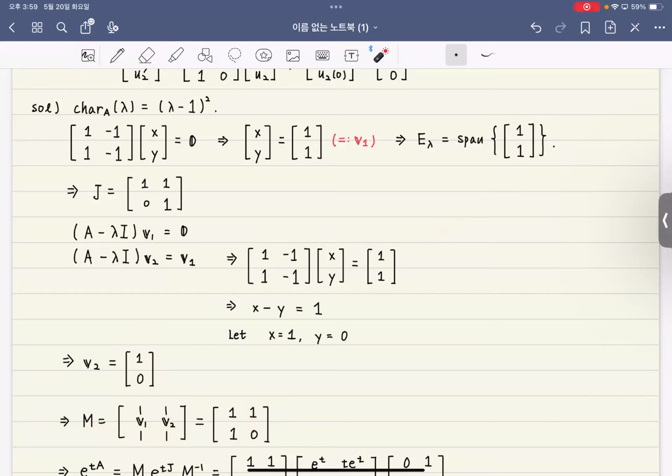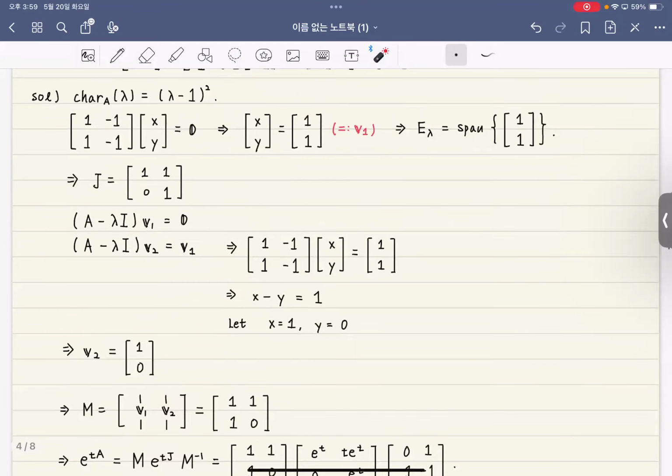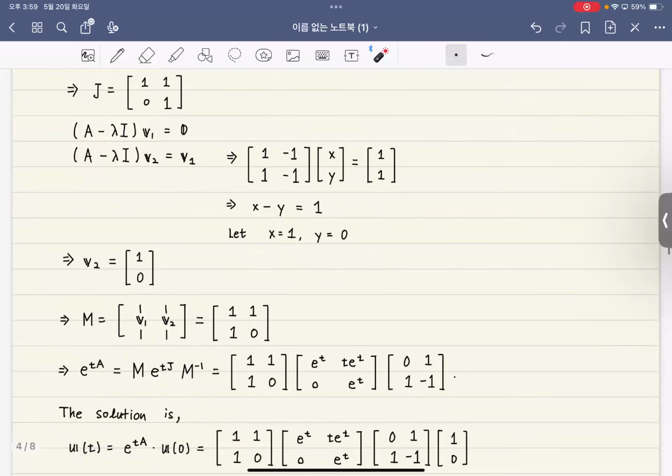So this is my M. Therefore, I found the Jordan form and the Jordan basis of the matrix A. Now I'm ready to compute the matrix exponential of A. e^(tA) is M times e^(tJ) times M inverse.